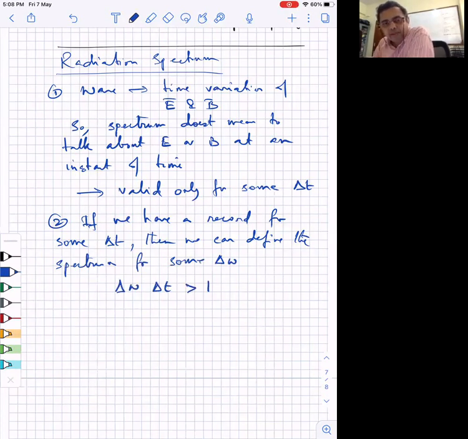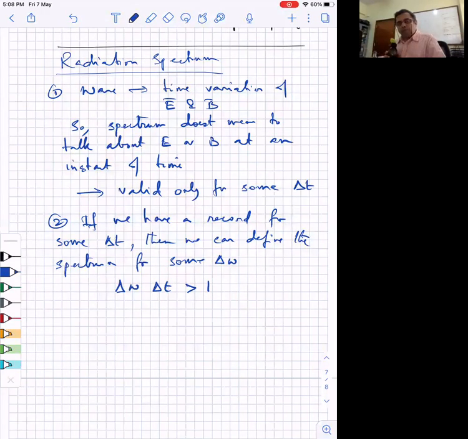Okay. So this is a property of the wave nature of light. This is not necessarily a property of the quantum nature, although you can derive this kind of uncertainty by assuming the energy-time uncertainty principle and using quantum theory. That will give you a similar relation, except it will not be one.